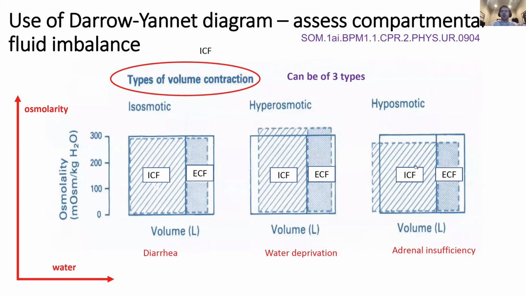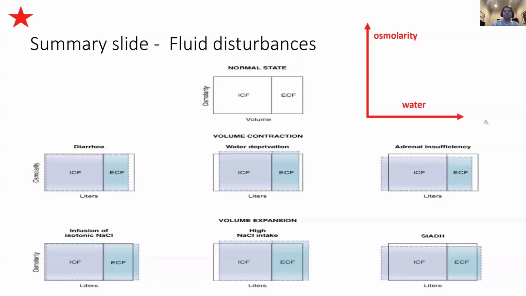Again, I think that's way more complex than you need to get into with this, as long as you can identify you're decreasing y-axis, you're decreasing your solutes, and what you're doing with the water content. But I think that's why you increase the ICF, because of the potassium that's still left over, because aldosterone's not working. These patients are probably hyperkalemic, actually, just because they can't pee out the potassium.